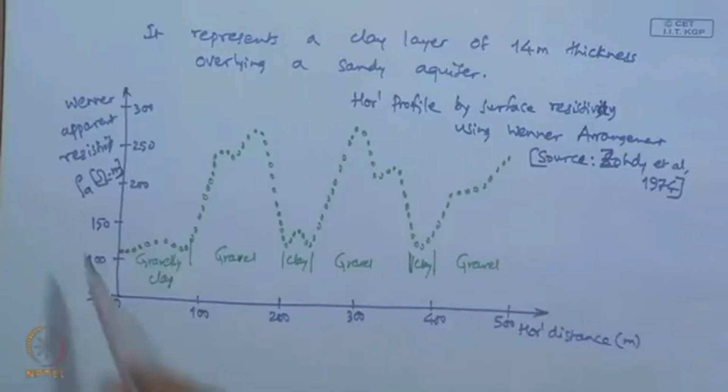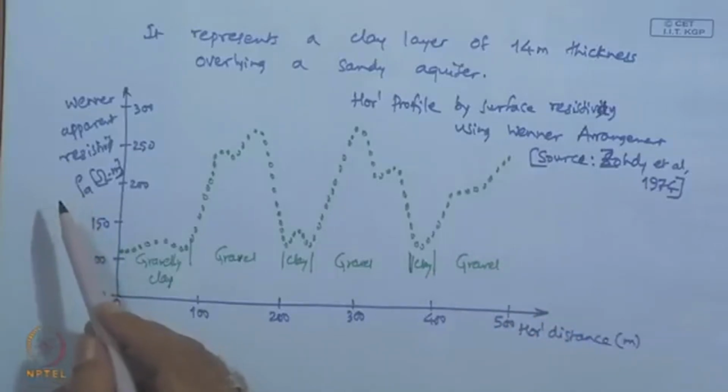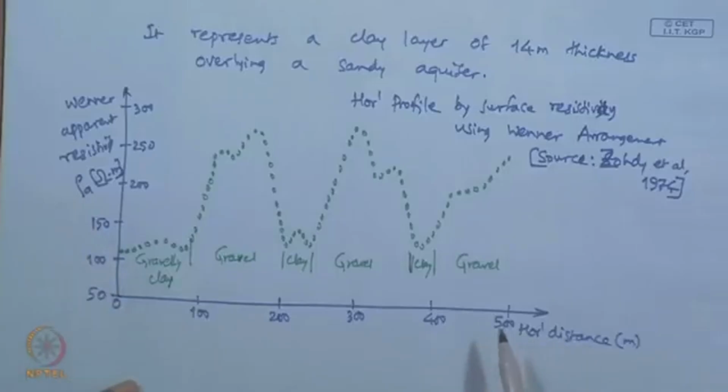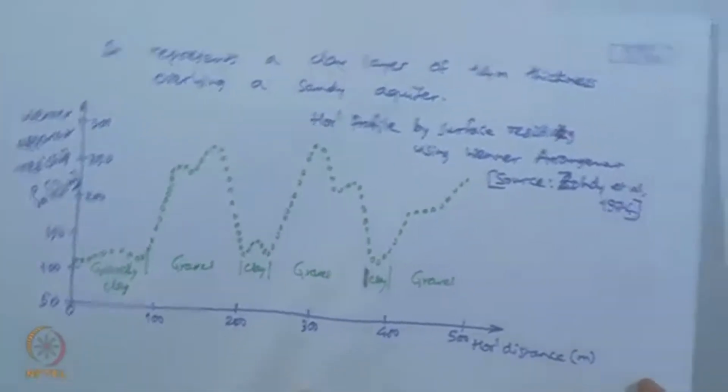So like this, when the apparent resistivities are plotted at this horizontal distance between the electrodes in this Wenner arrangement, based on the variation of this apparent resistivity, we can interpret the subsurface geological formations as well as their groundwater permeability.